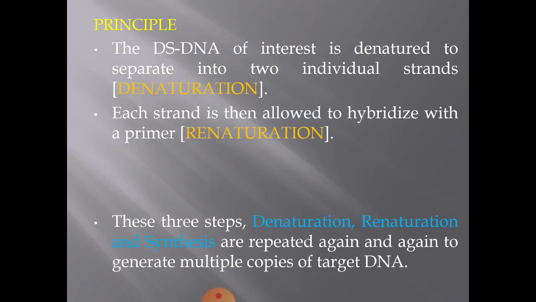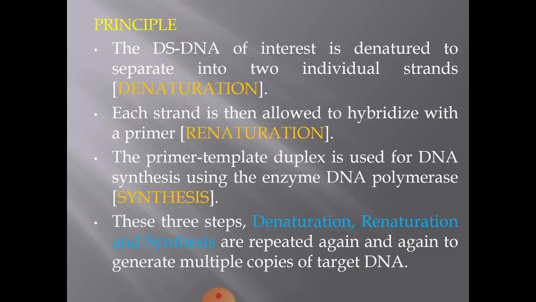This is called renaturation. Then, the primer template duplex is used for DNA synthesis using the enzyme DNA polymerase, and this step is known as synthesis. So basically, in any PCR reaction, three steps are involved: denaturation, followed by renaturation, followed by synthesis.